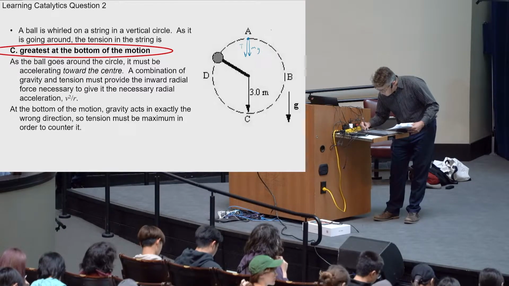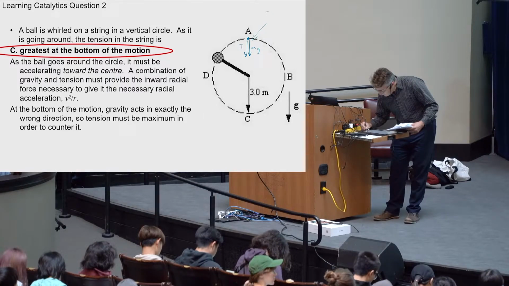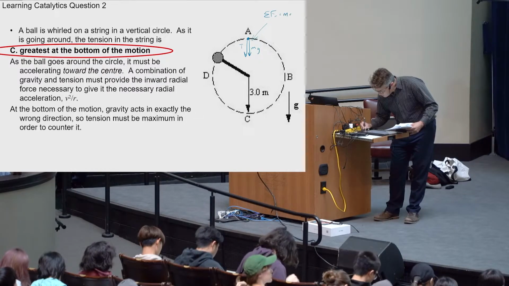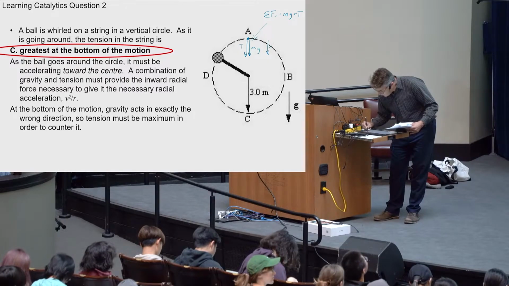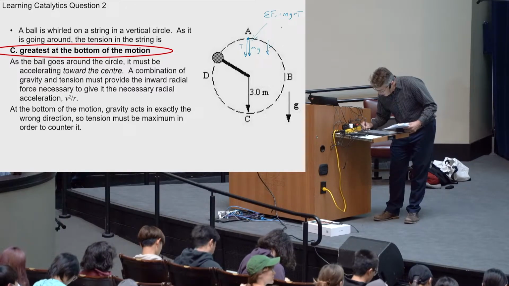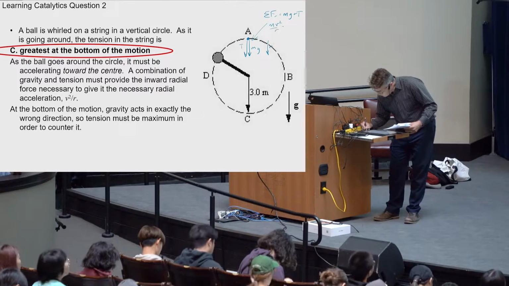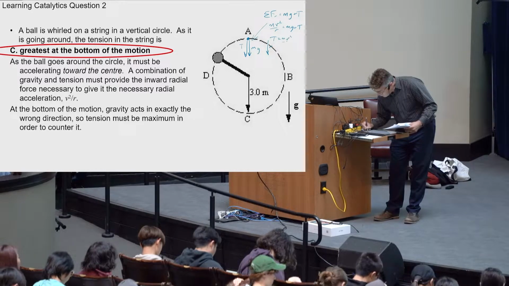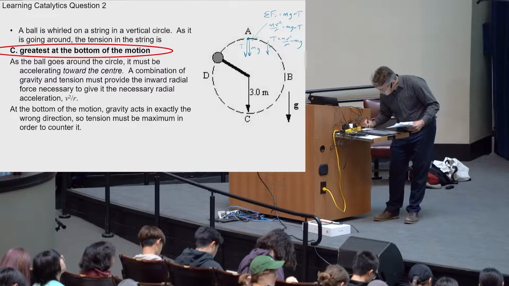And so the net force in the radial direction is going to be mg plus the tension, because this is r for the top force, and that's going to be mv squared over r equals mg plus T, and so T here is going to be mv squared over r minus mg. That sort of makes sense.